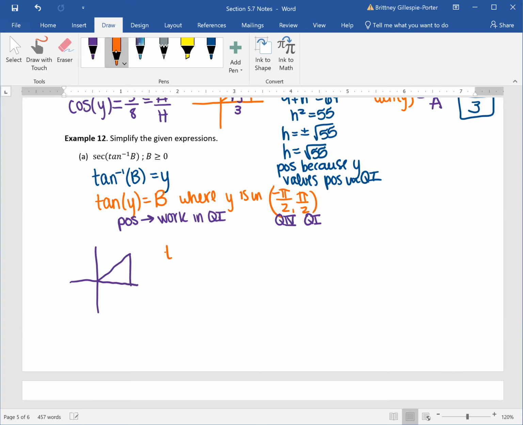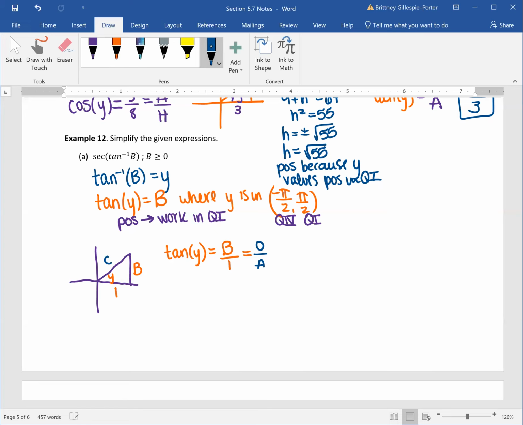We said that we had tangent of y is equal to b. Any whole number can be written over 1. And remember that tangent is opposite over adjacent. So if we have our angle y, correctly labeled this time, opposite would be b, adjacent would be 1, and now we need to find our radius, our hypotenuse.